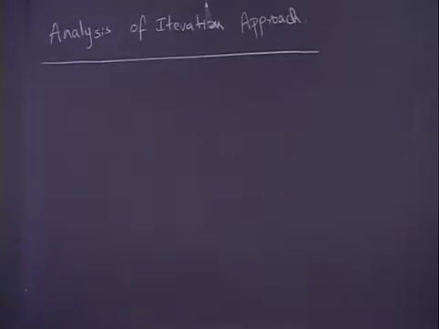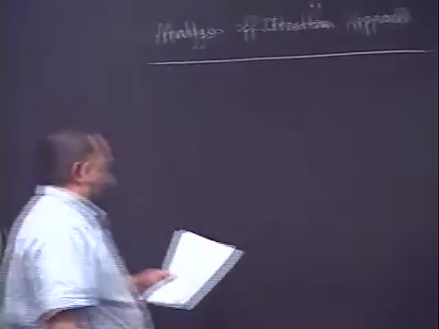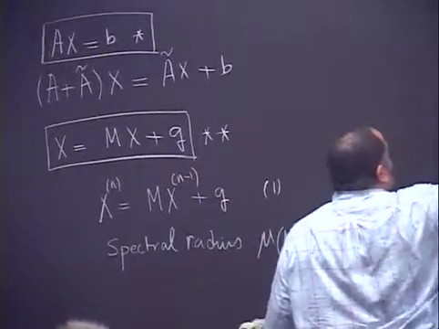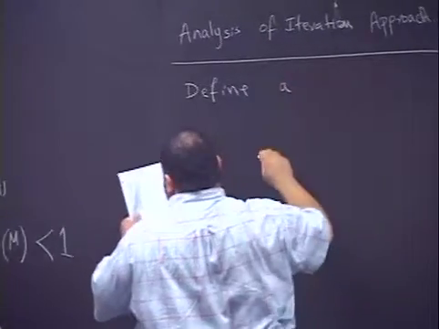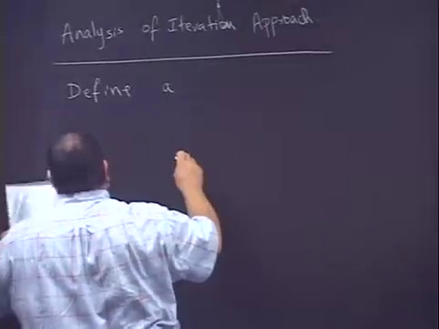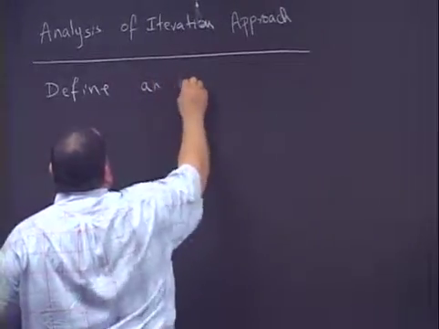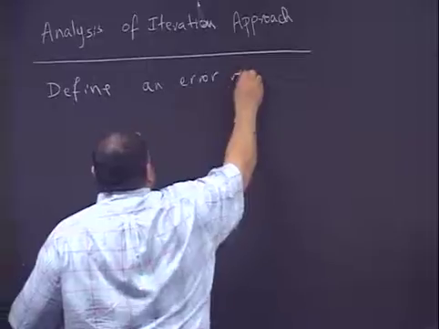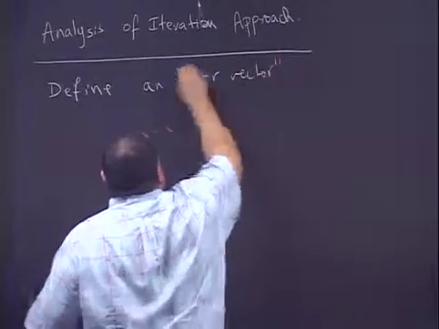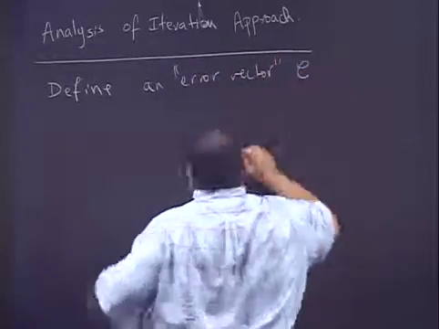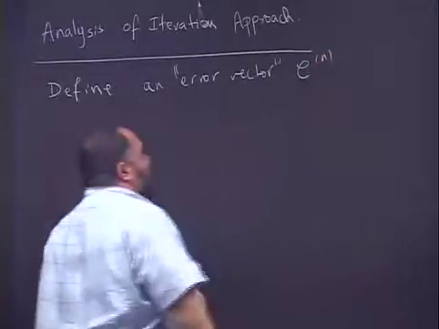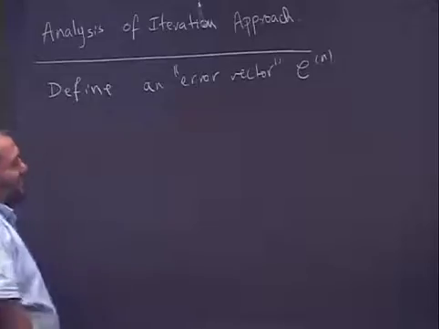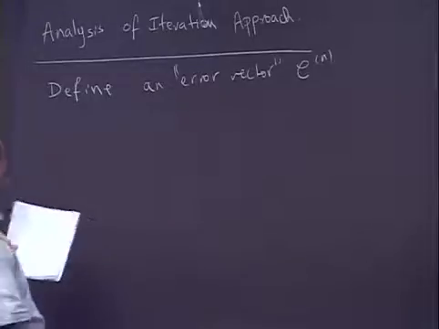So we will call this equation number 1. And then we will define an error vector, En, which is the error at the nth iteration.